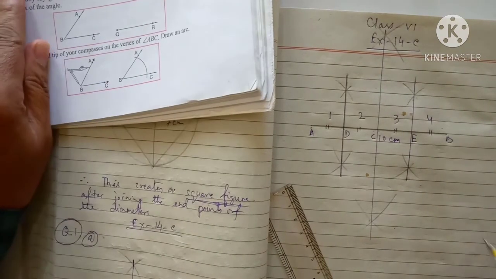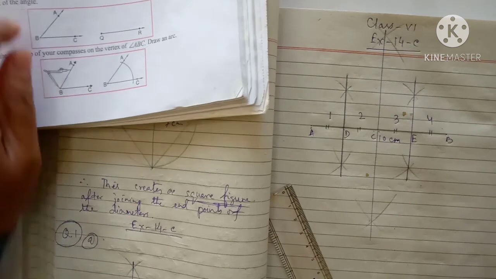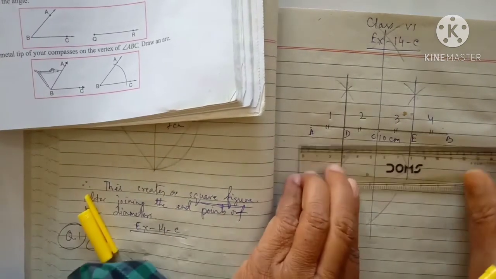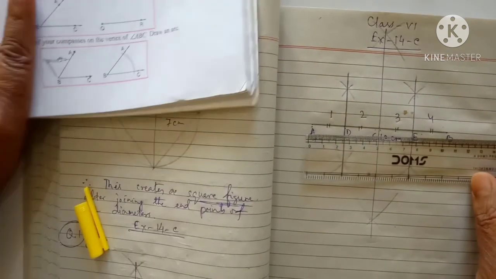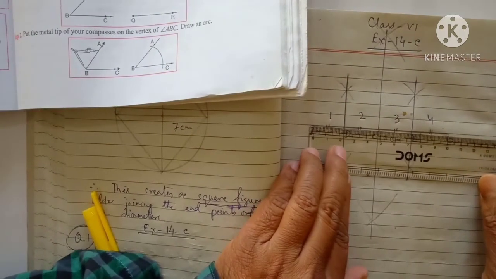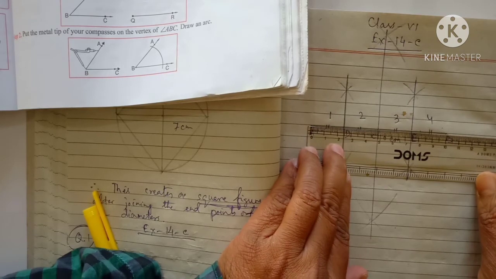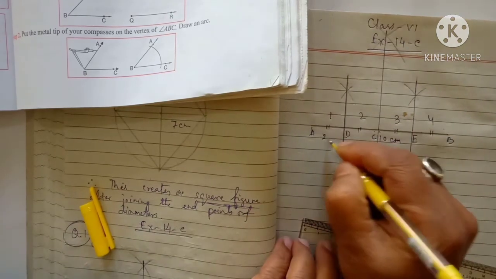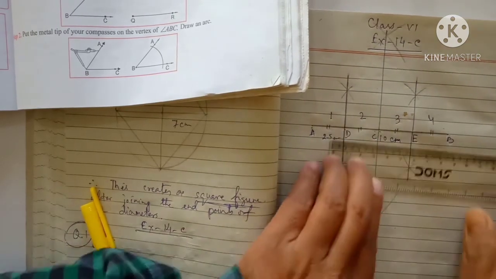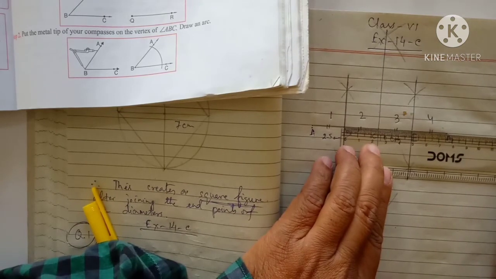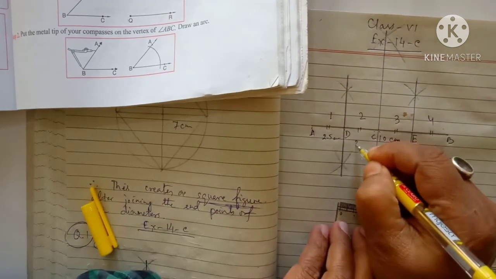It asks what is the length of each part. So take a ruler and measure these points. It is near about 2.5 centimeter. Now the second part, yes, it is also 2.5 centimeter.